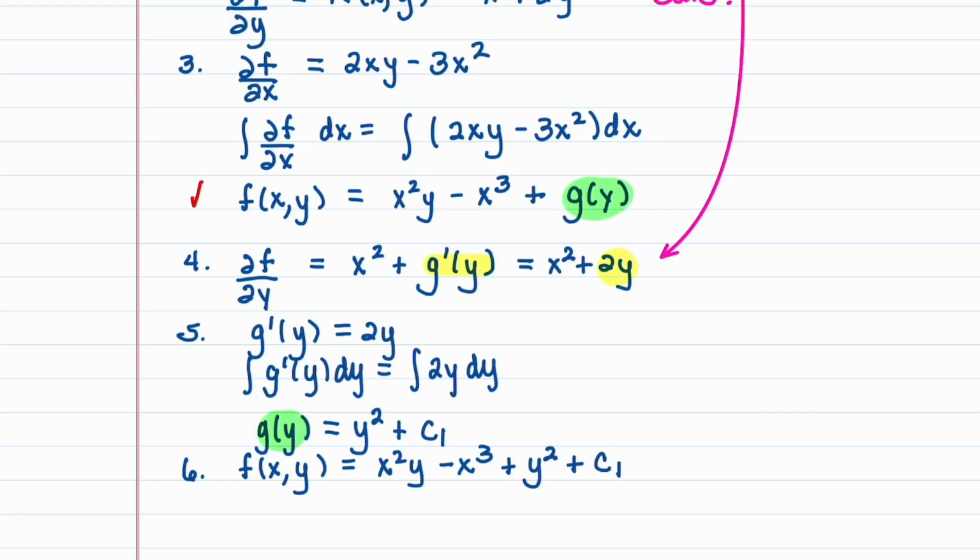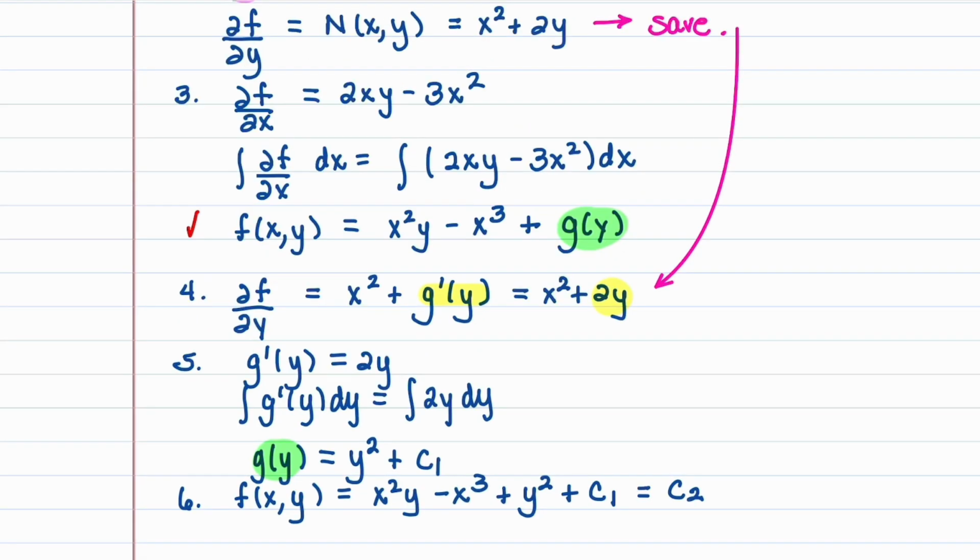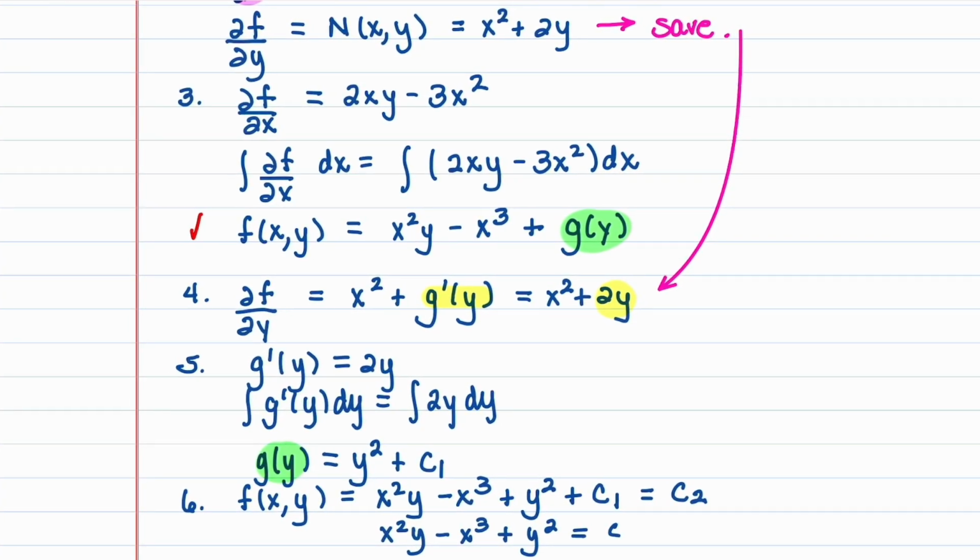The solution to an exact differential equation is that our function f is equal to an arbitrary constant that I'm going to call c2. The reason I'm doing that is we can now combine c1 and c2. We can say x squared y minus x cubed plus y squared is equal to c2 minus c1.